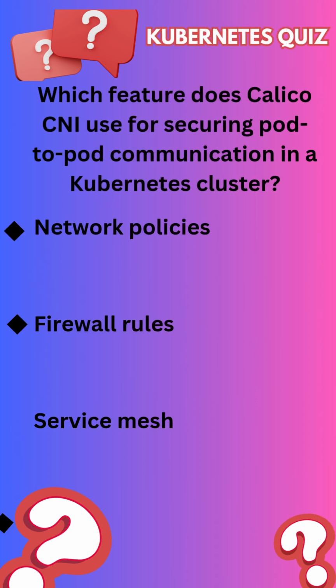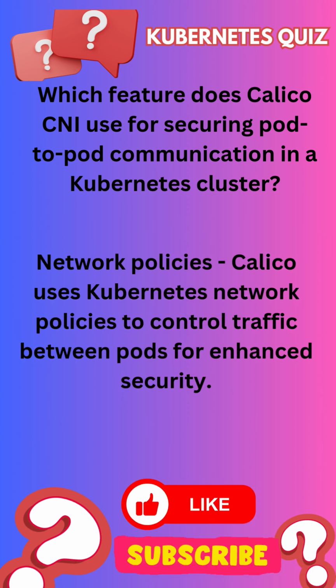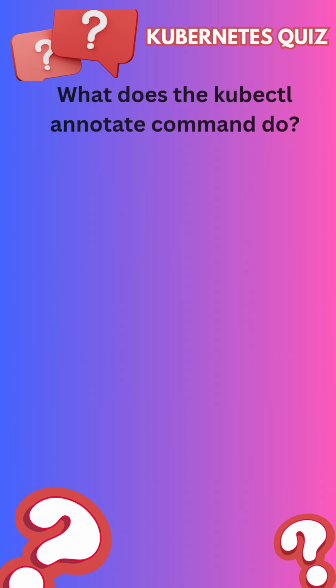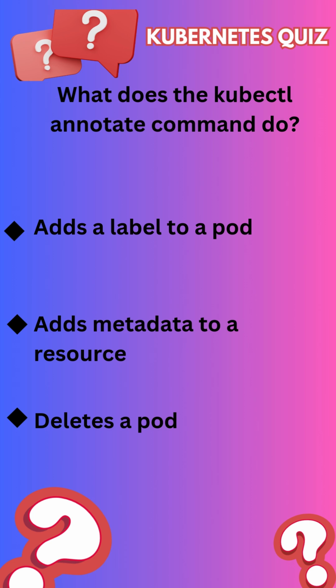Which feature does Calico CNI use for securing pod-to-pod communication in a Kubernetes cluster? What does the Kubernetes annotate command do?